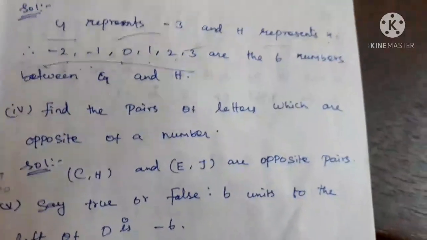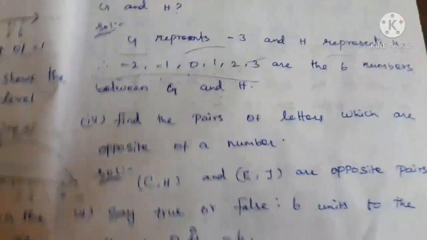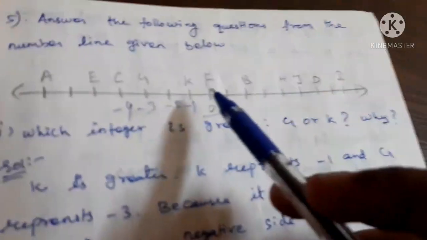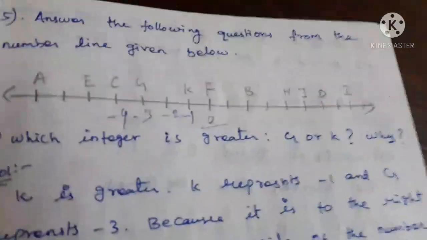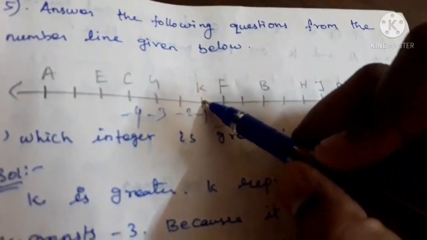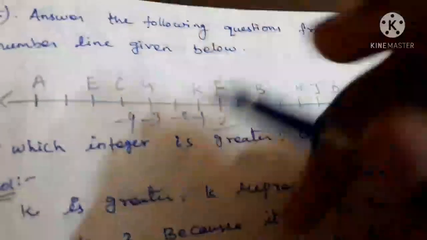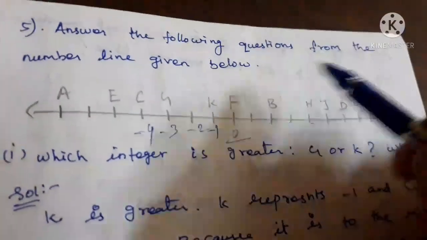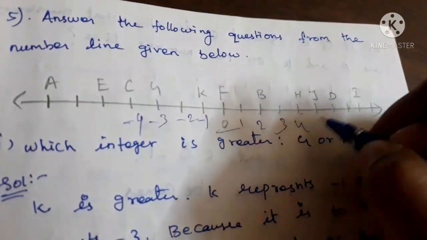Then find the pairs of letters which are opposite of a number. You should pair 1 and -1, you should pair -2 and 2, and you should pair -3 and 3. Like that you should pair everything. K, you don't have any pair. B, you don't have any pair. So G and H have pairs. G is -3. You can mark first of all.